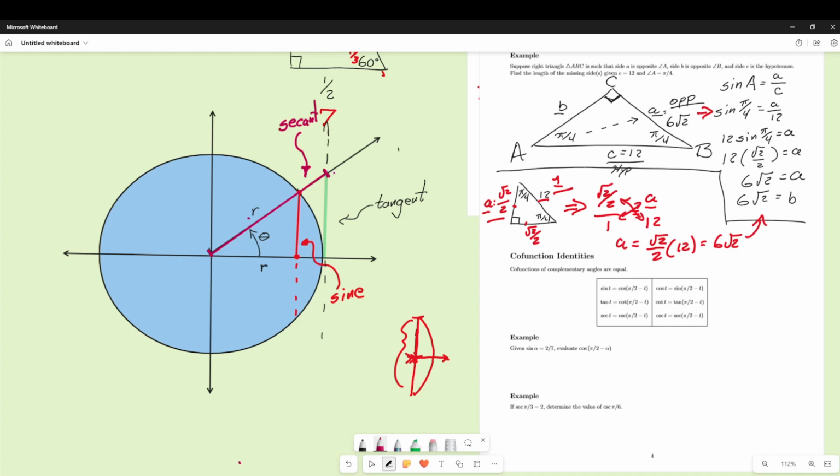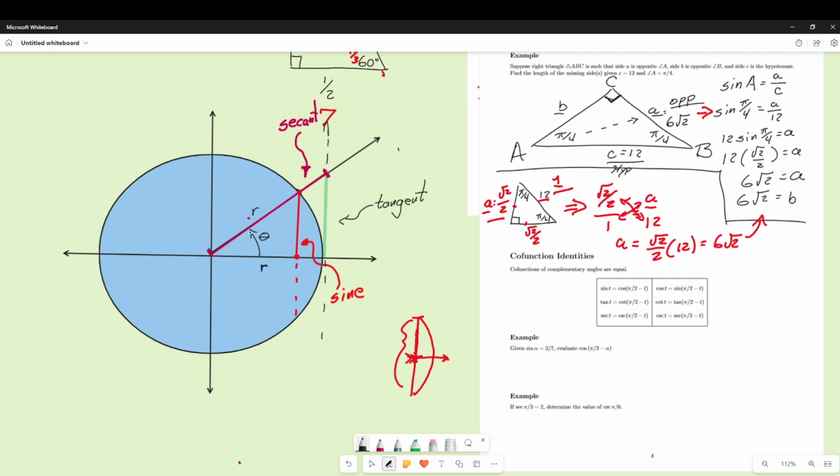Now, you might remember, either from some of your work in the past or from some of the work we've been doing here, we talked before about angle complements. So two angles were complementary if they added up to a right angle.